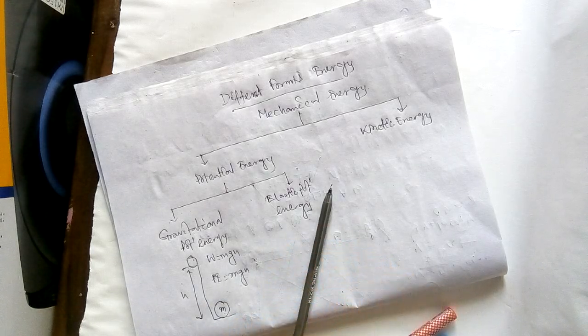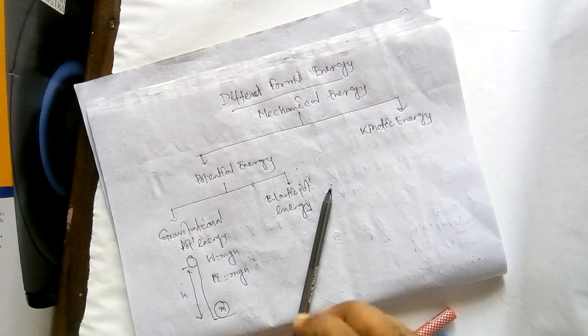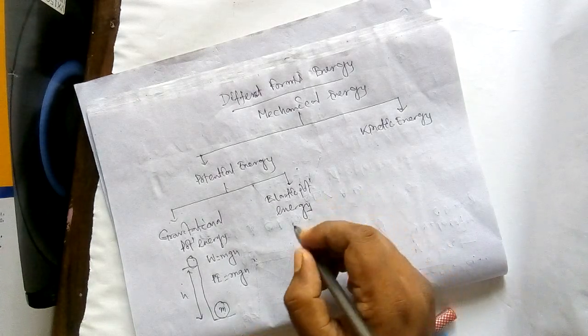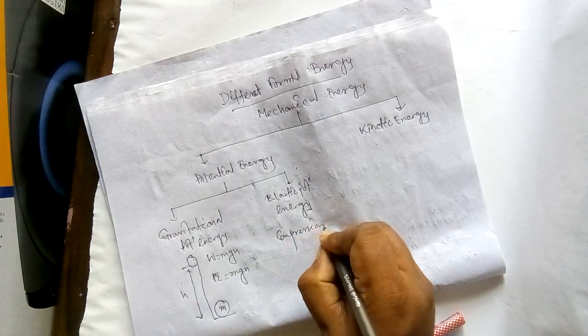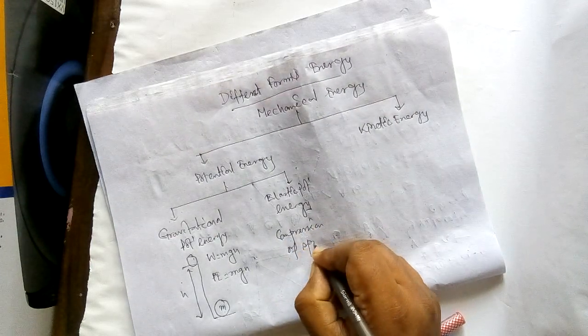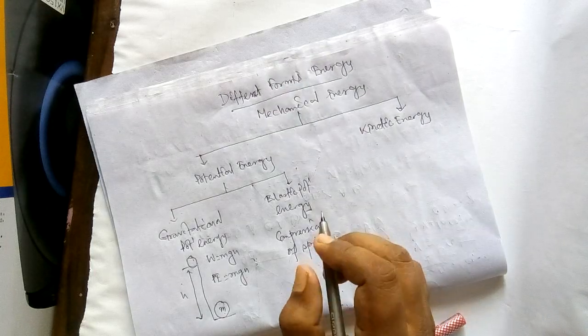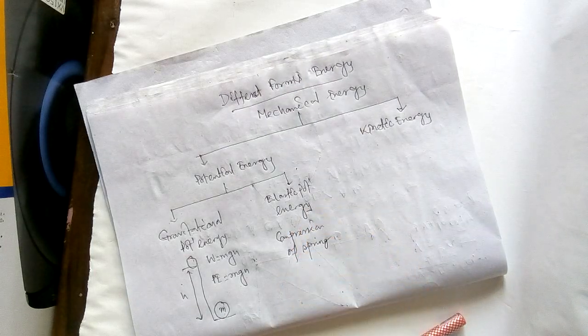If I ask what an example of it is, examples are the compression of a spring, or you can say compression or expansion of a rubber band. All of these are elastic potential energy. Compression or expansion, everywhere.